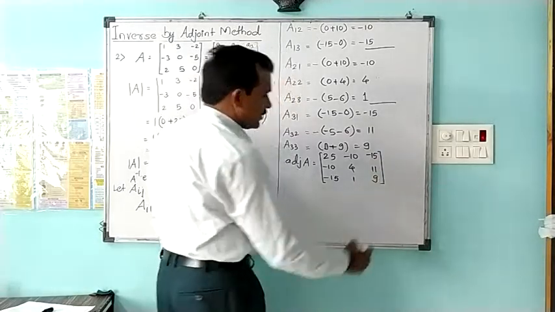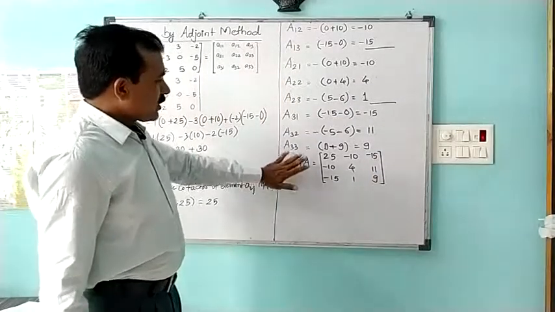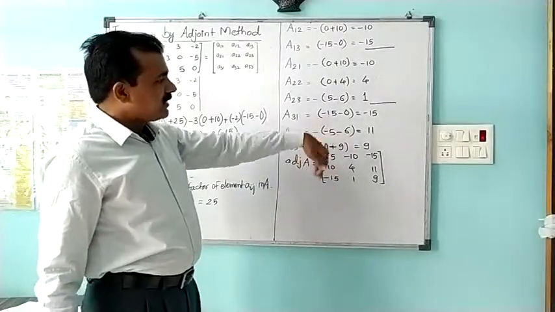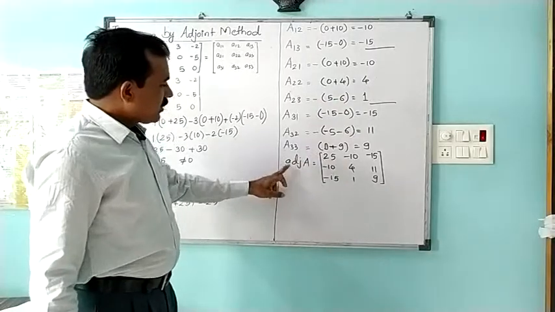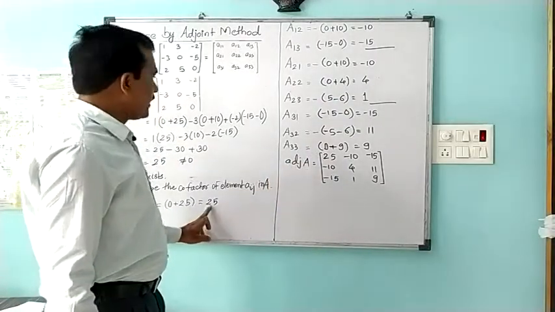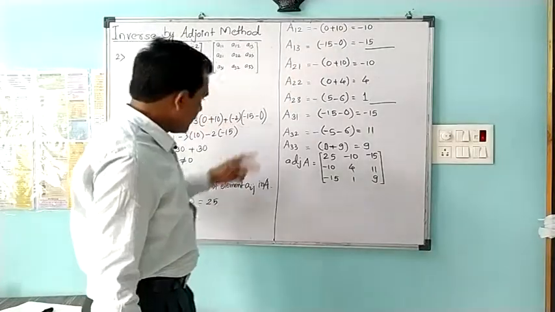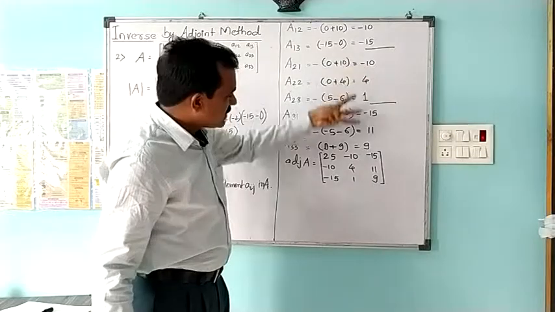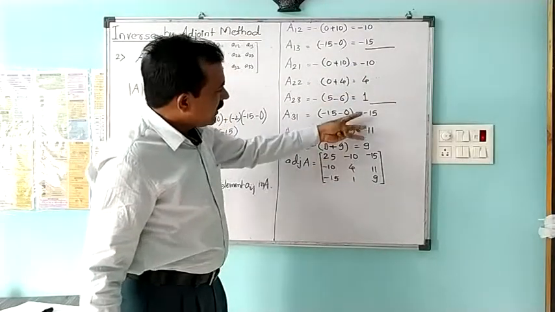So instead of writing the matrix of cofactors and then its transpose, the adjoint matrix can be evaluated by using these 9 cofactors, taking the first 3 numbers in the first column, the next middle 3 numbers in the second column, and the last 3 numbers in the third column.